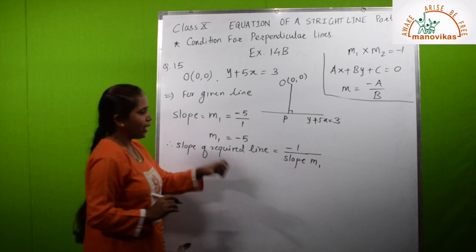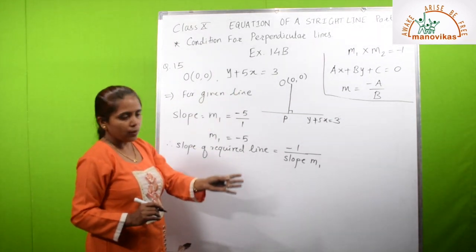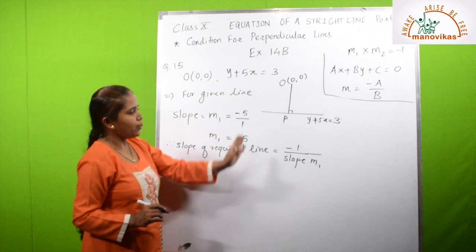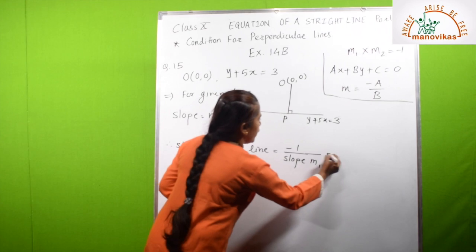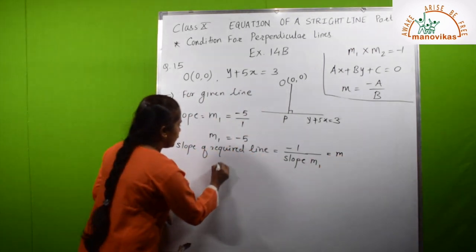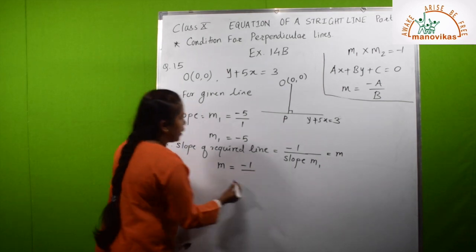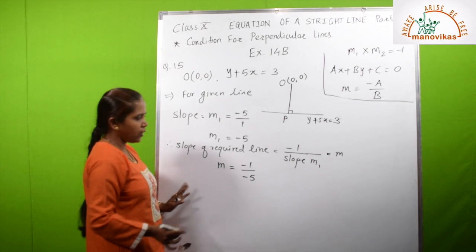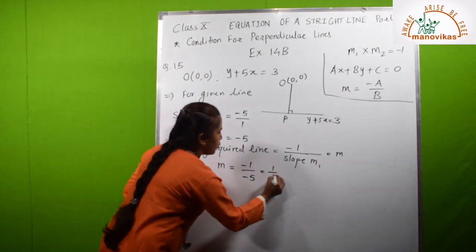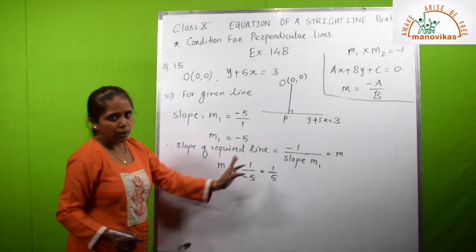Because the two lines are perpendicular, m1 into m2 is equal to minus 1, then m2 will be minus 1 upon m1. So I can denote this by m. So what will be the value of m? m will be minus 1 upon minus 5, that is the slope m1 for the given line. So it will be 1 upon 5. So the slope of the required line will be 1 upon 5.